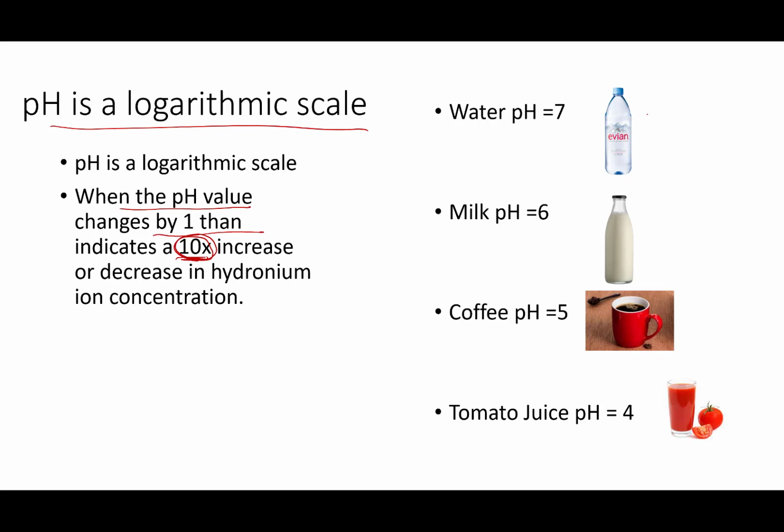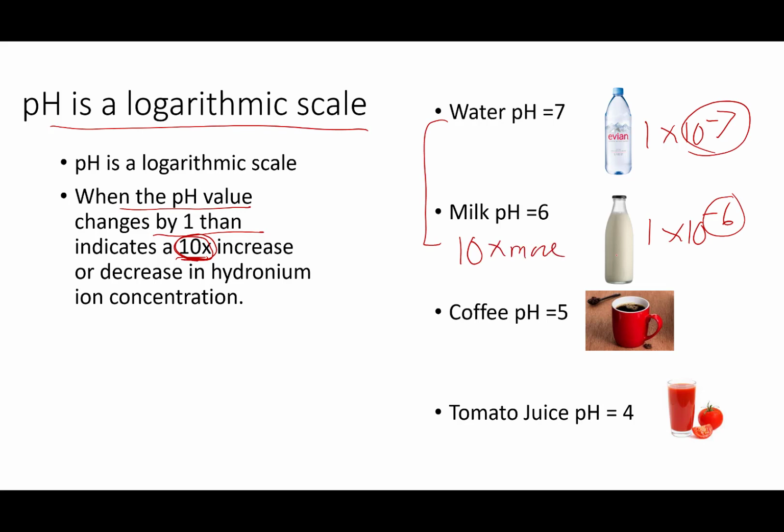So the difference between water, 1 times 10 to the negative 7, and milk, 1 times 10 to the negative 6, because these are negative exponents, this actually means 10 times more hydronium ions in the milk in the same volume than water. For coffee, 1 times 10 to the negative 5, well, compared to milk, that's again 10 times more. And for tomato juice, again a negative exponent, 1 times 10 to the negative 4.